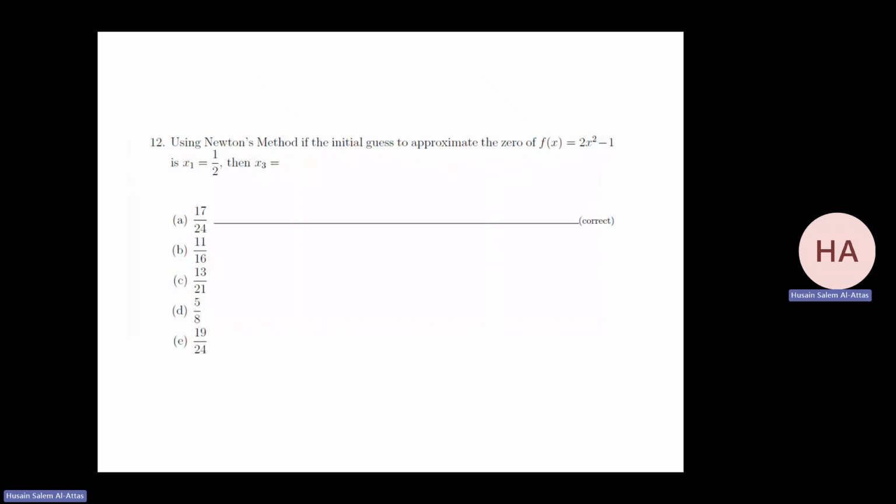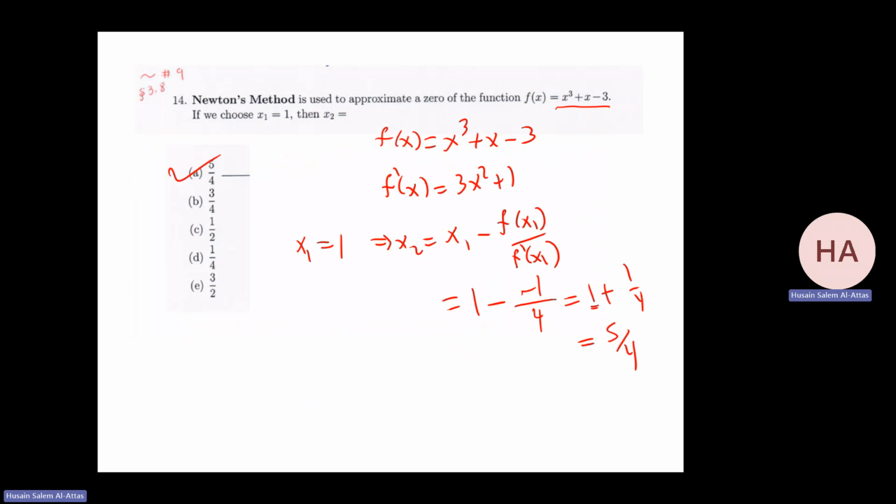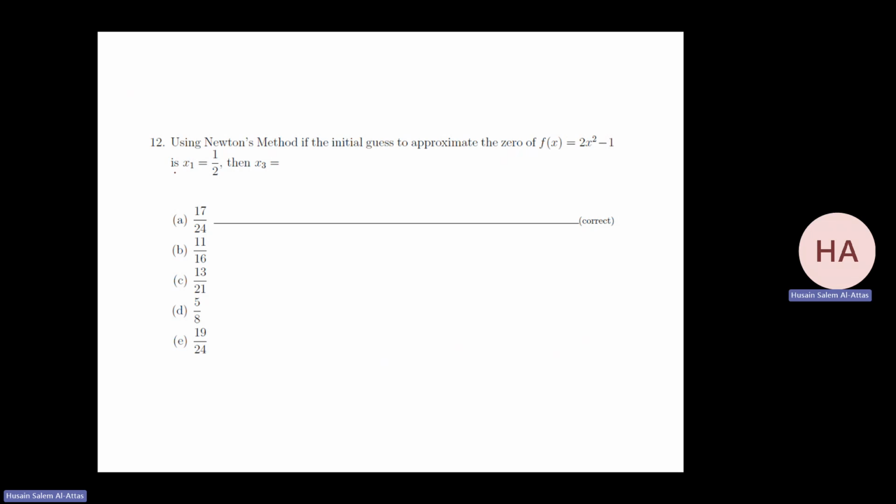I think we have 2 to go, of 3. Okay. Using Newton's, you want to start with x1 and you want x3. Okay. So it means I need to do 2 iterations. So f of x is 2x squared minus 1, f prime will be 4x. Yeah, easy calculation. x1 equal half. What will be x2?